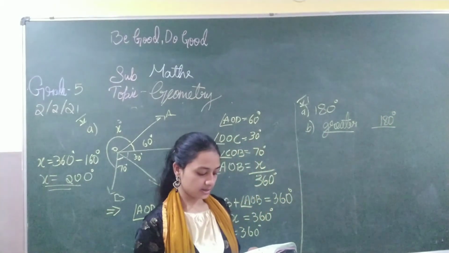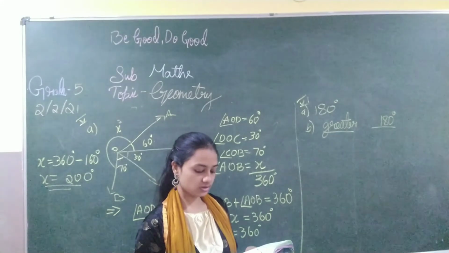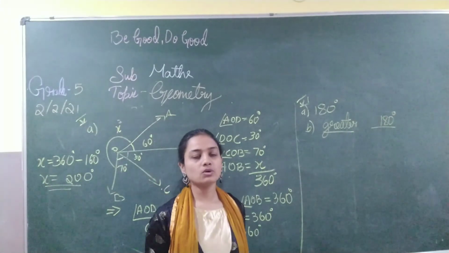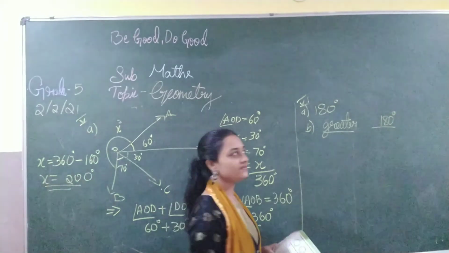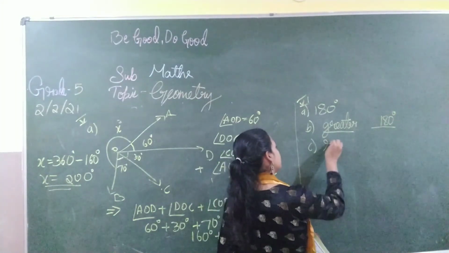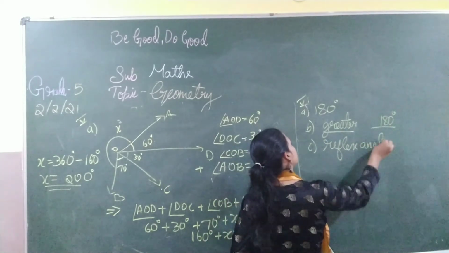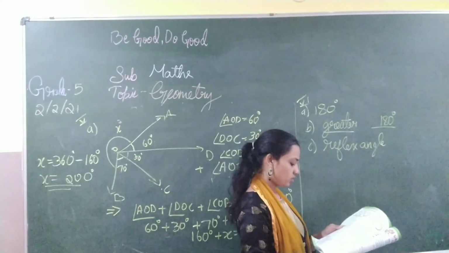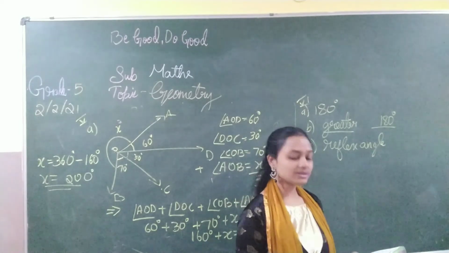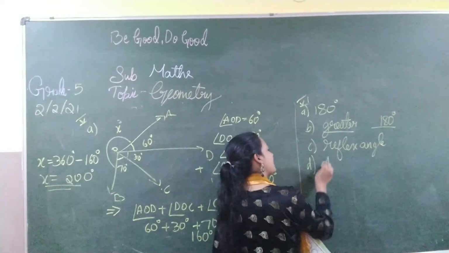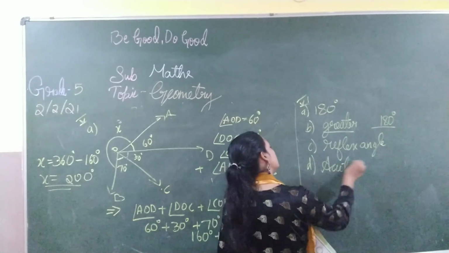Next one, an angle whose measure is 265. So 265 is more than 180. So it is a reflex angle. Fourth one, dash angle measures less than 90. Less than 90 is an acute angle.